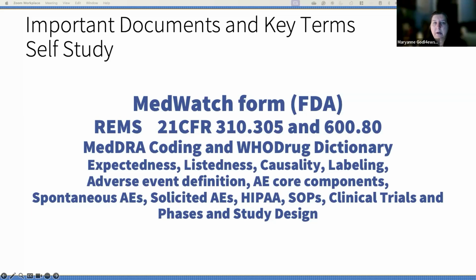CFR, I'm sure you might have learned in one of your courses about the Code of Federal Regulations. Those are two citations of areas in the CFR that mention safety and reporting of adverse events. And lastly, the MedWatch form. That's the form that was developed by the FDA.